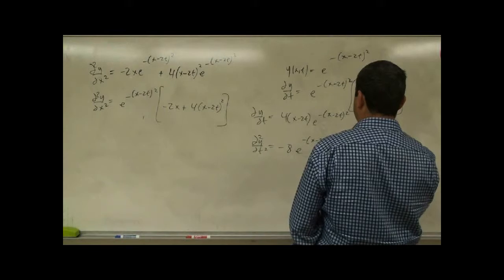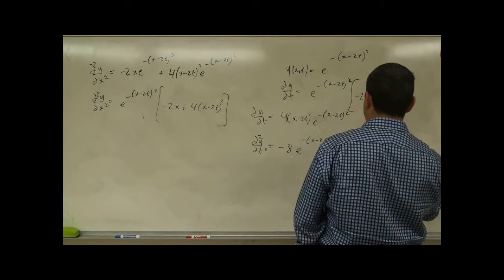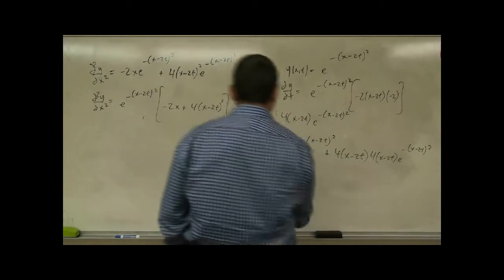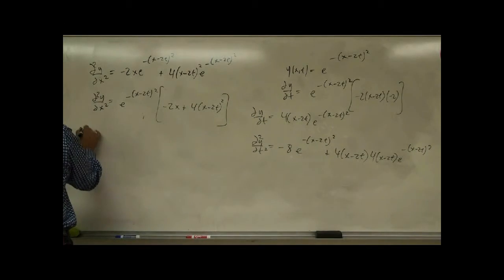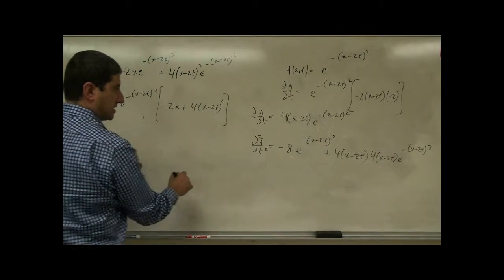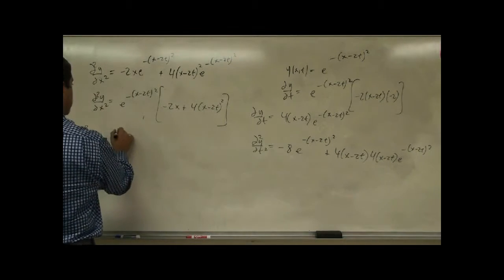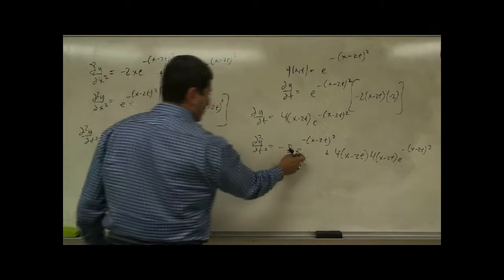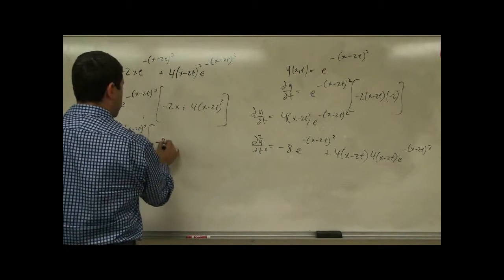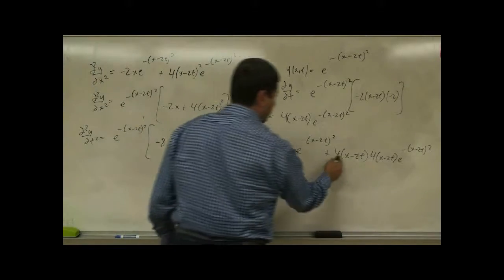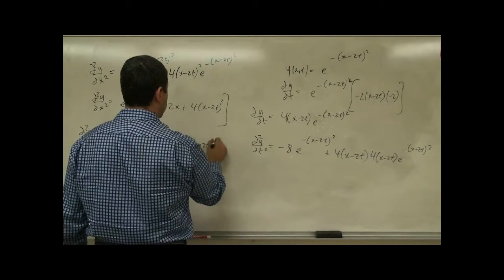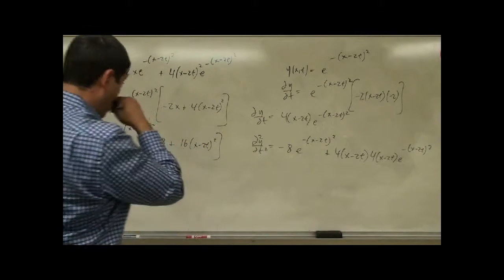So it's going to be 4(x minus 2t) e to the minus (x minus 2t) quantity squared. Then again, we can factor that out. That's going to be e to the minus (x minus 2t) quantity squared, this one I'm factoring out, and then you have negative 8 plus, then 4 times 4 is going to be 16(x minus 2t) quantity squared, right?